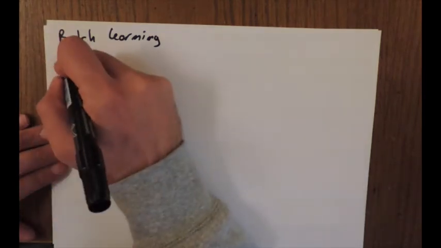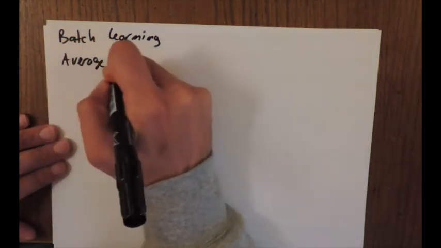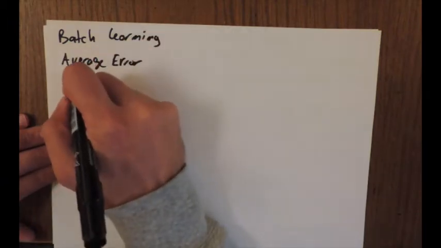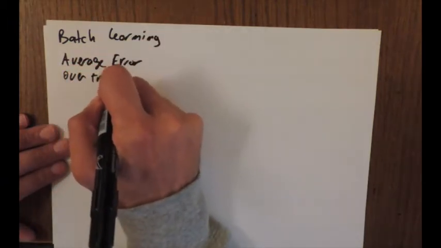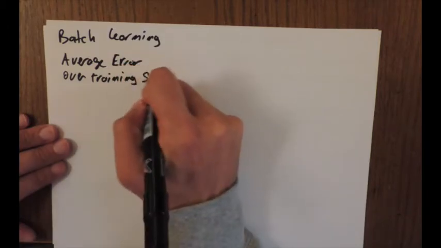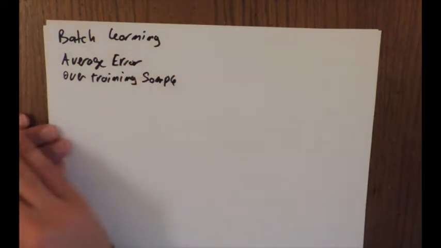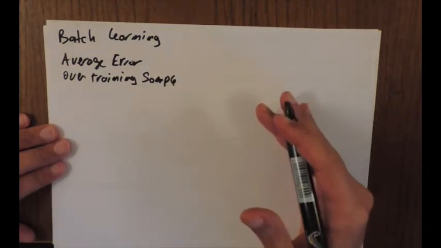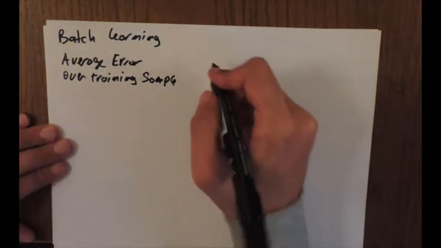We calculate the average error over the training sample. Since we're presenting the whole inputs before calculating and updating the weights, we need the average error.